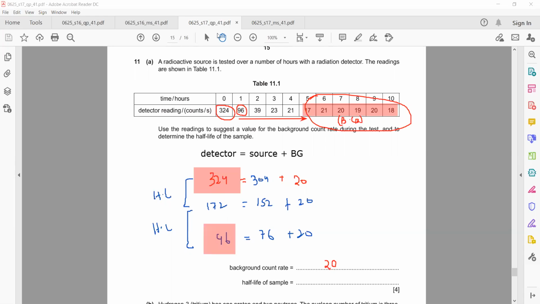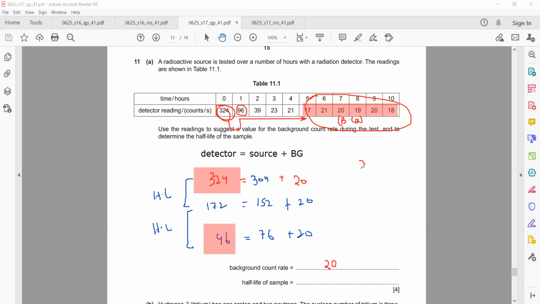So changing from 324 to 96, how many half-lives are there? When the detector reading changes from 324 to 96, it is taking 1 hour.